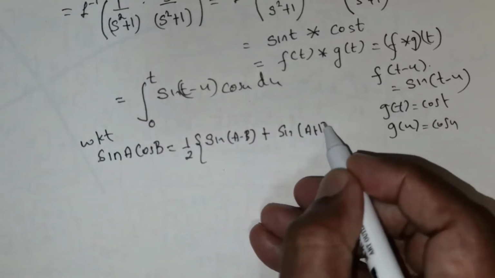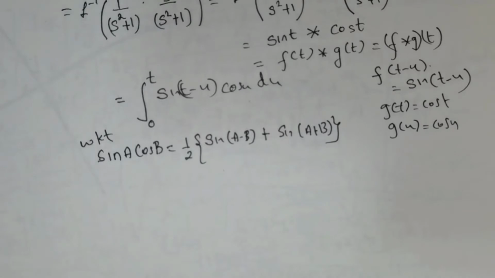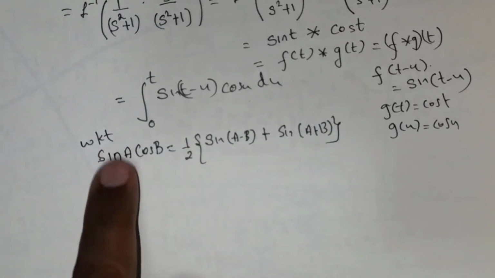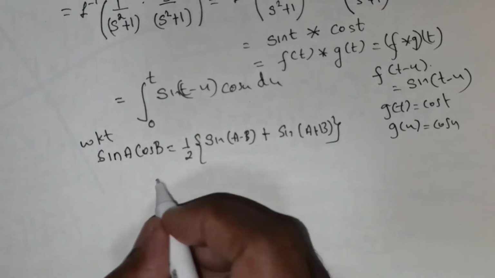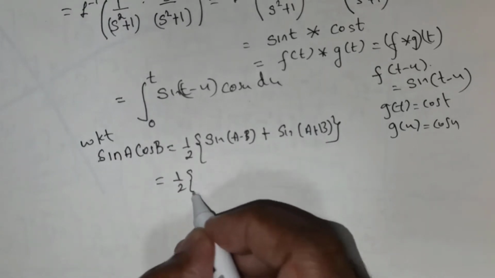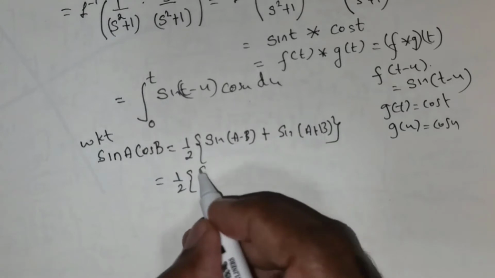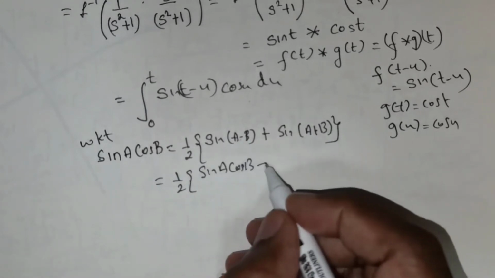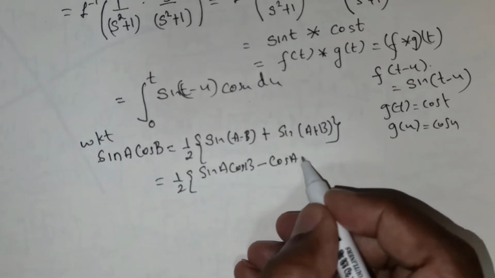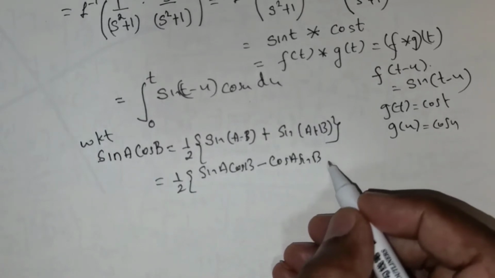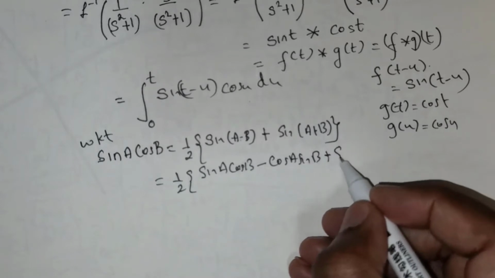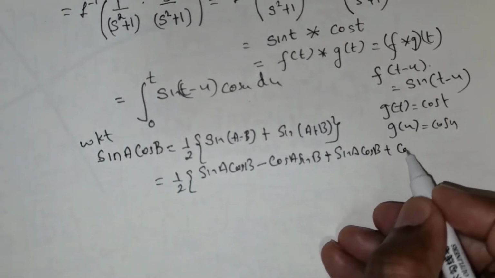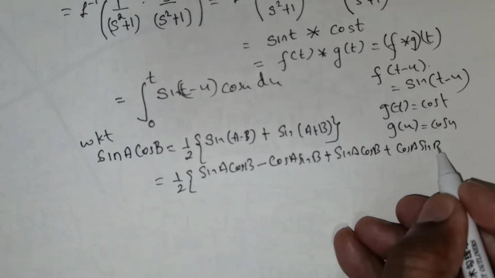If you were to expand this, you will get back this. So this is equal to half of [sin a cos b minus cos a sin b plus sin a cos b plus cos a sin b].